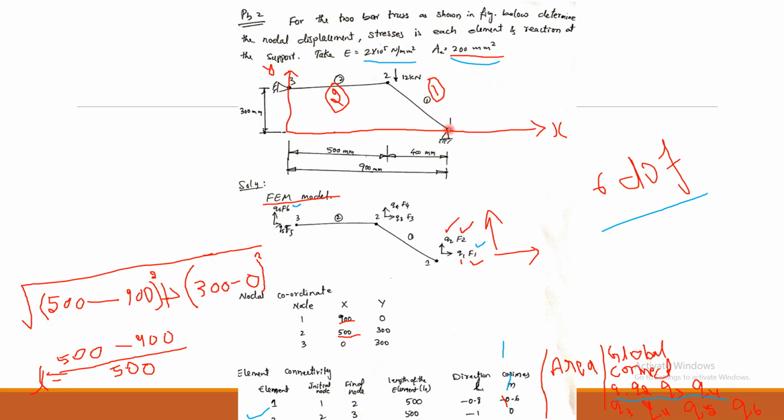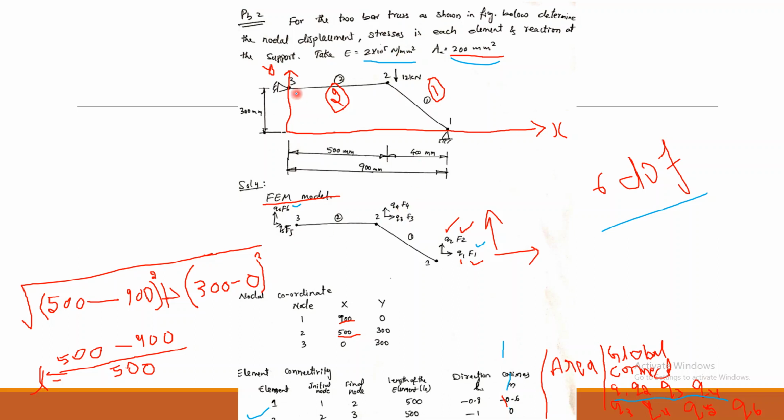At node 1 we don't have any external force, that's why F1 and F2 are 0. At node 2 we don't have a force in the x direction, that is F3, but we are having a force in the y direction, that is F4, and its magnitude is 12 into 10 raised to 3, but it is in the downward direction. Against the axis I have considered, that's why F4 is equal to minus 12 into 10 raised to 3.